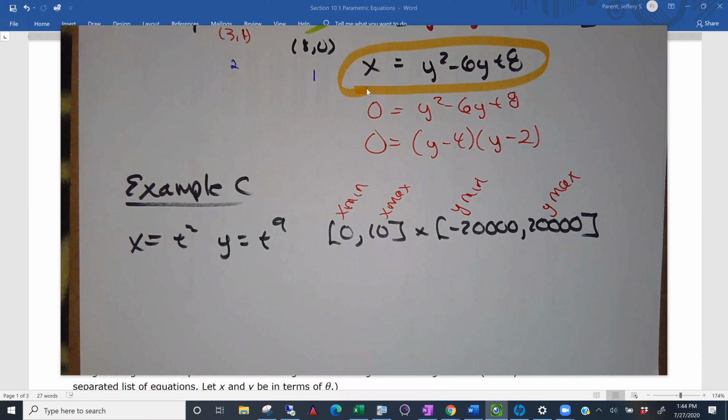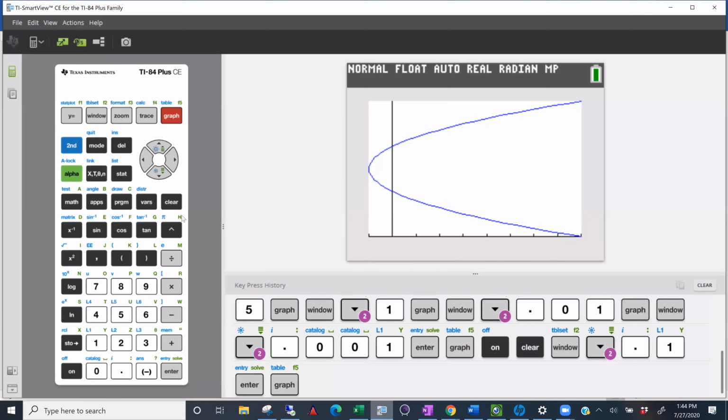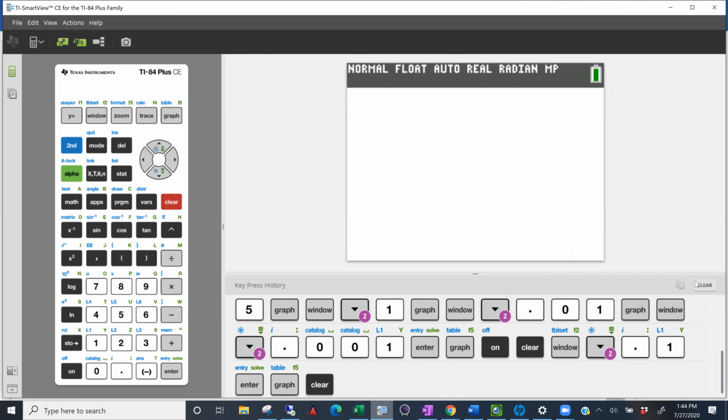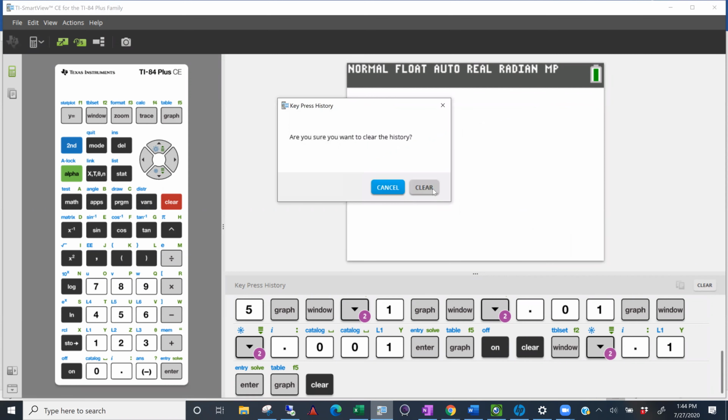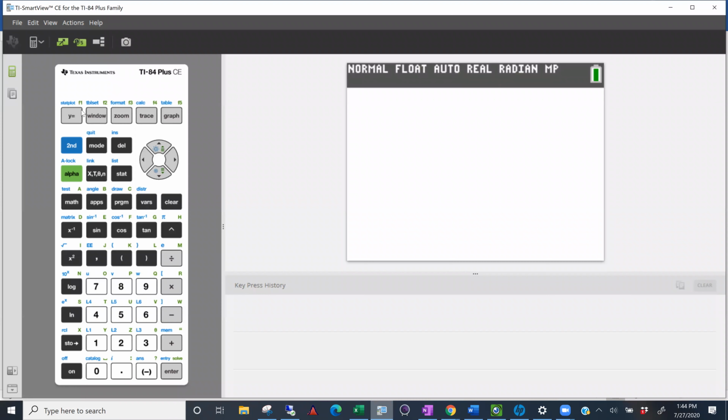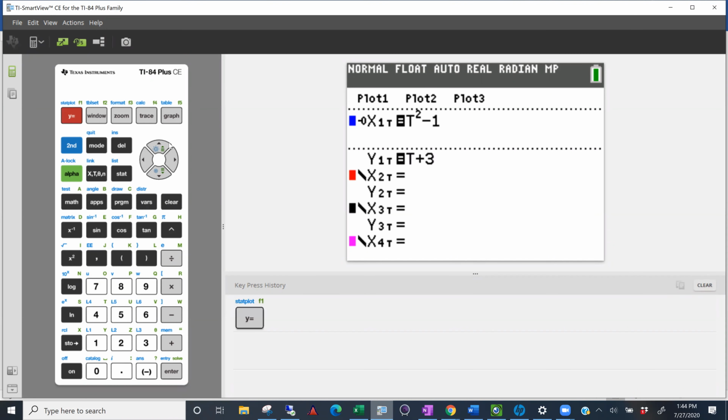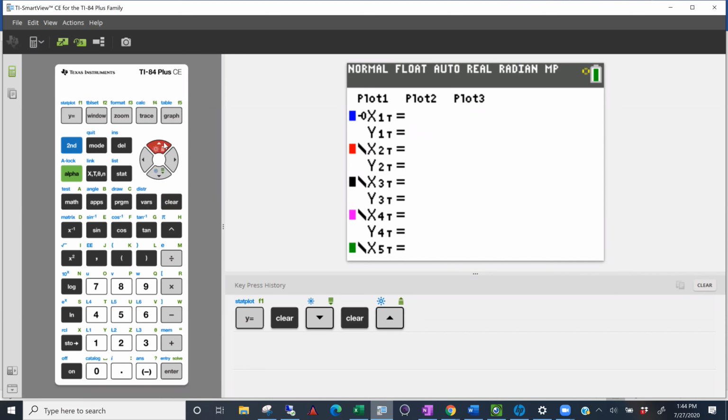All right, now we're going to put this into our calculator and have at it. So let's see. I'll clear this out. There we go. And clear this. Starting all over with a fresh example. So we'll hit y equals. I'll clear out these two. Then I come back and plug them in.